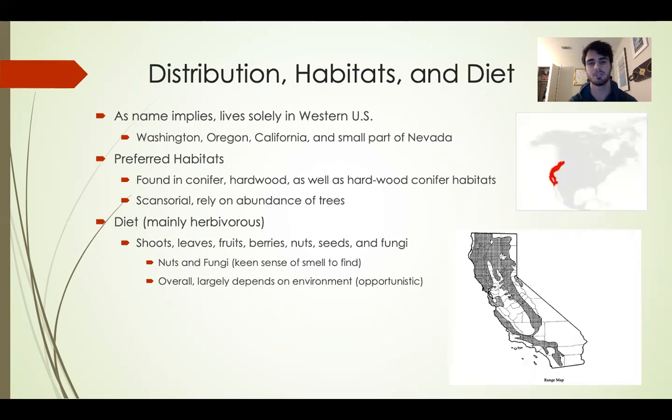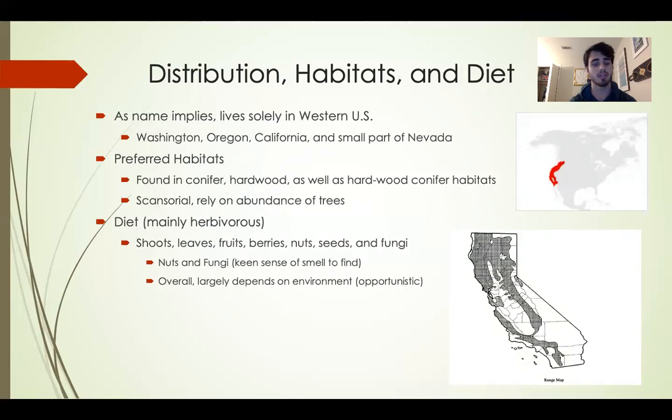Continuing on to distribution, habitats, and diet, I consolidated these into one slide here. As the name implies, the western gray squirrel lives in the western United States, as well as a very small part of northern Mexico, but mostly just the western US. They'll be found in Washington, Oregon, California, and a small part of Nevada.